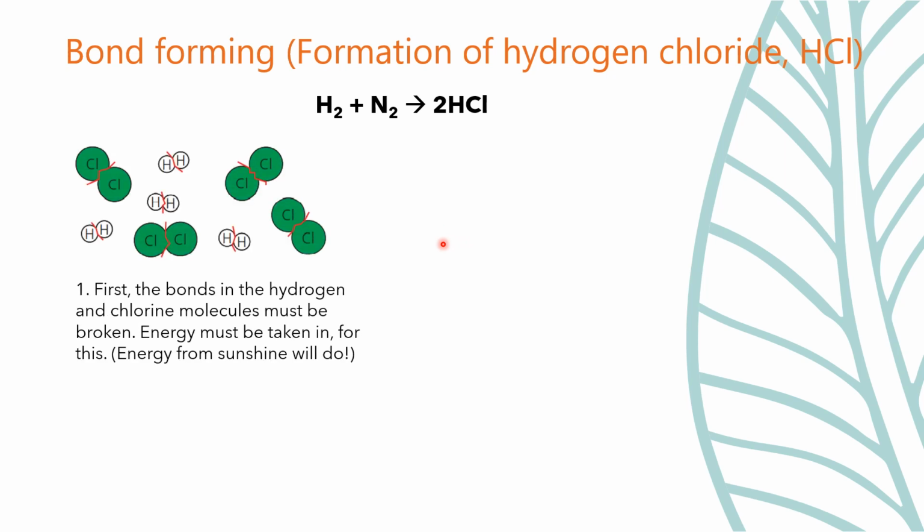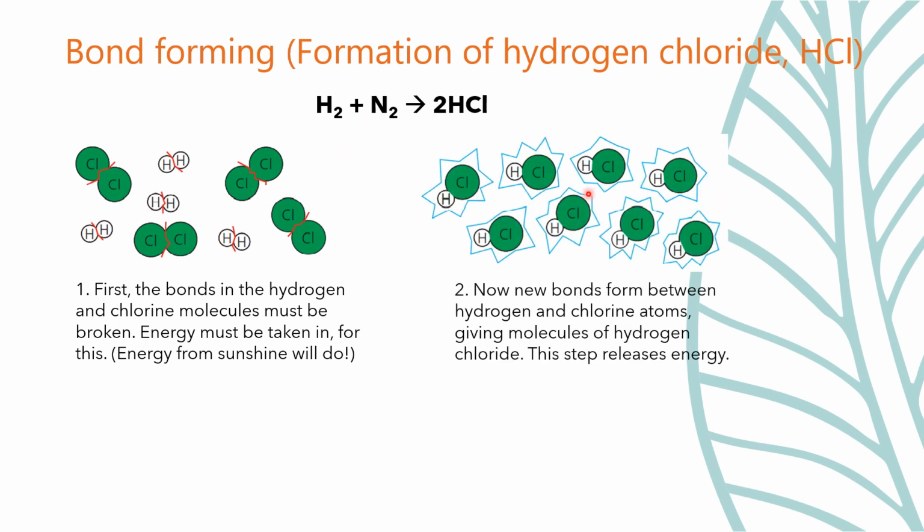First, the bond in the hydrogen and chlorine molecules must be broken. So for the reactants, energy will be taken in lah untuk break the bond. After that, a new bond forms between hydrogen and chlorine, so heat is released.